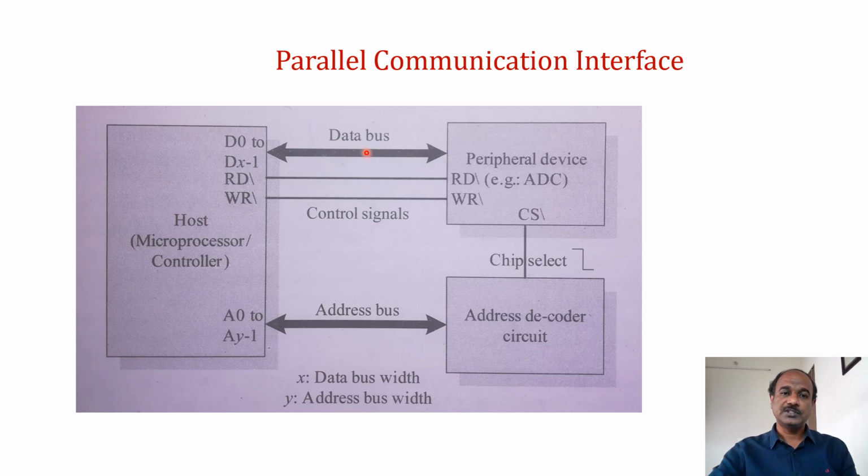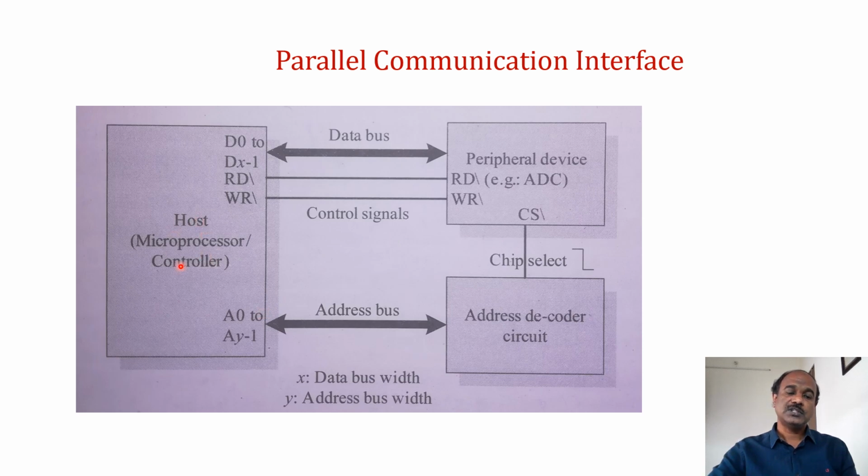The data bus is the bus through which the parallel data flows between the processor, the host, and the peripheral device. Then the read bar, write bar and chip select bar, these three signals are used to control the data communication. Initially each peripheral device will have a range of addresses.